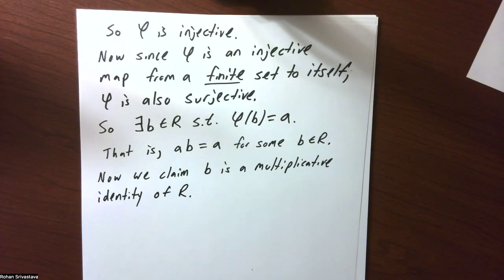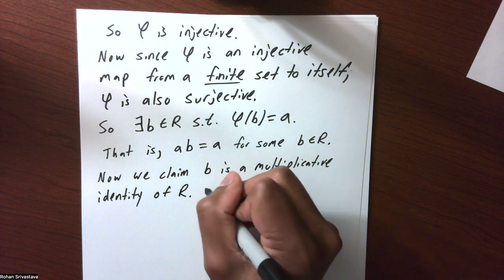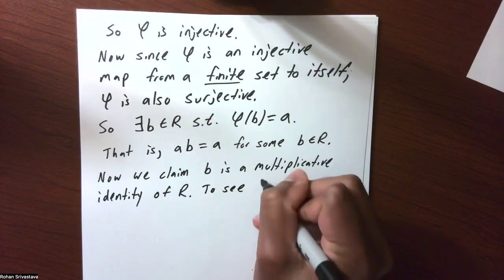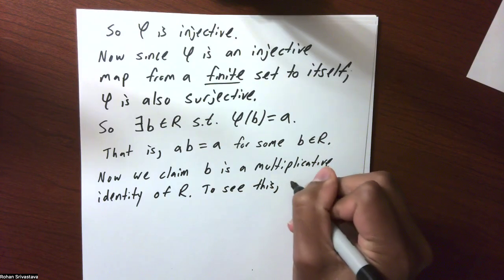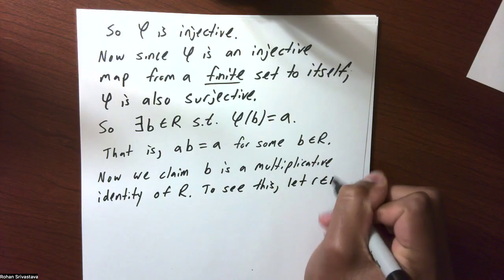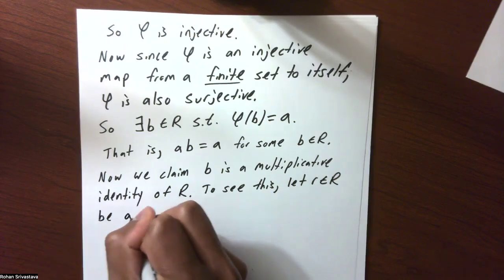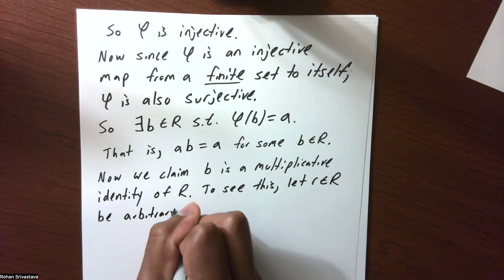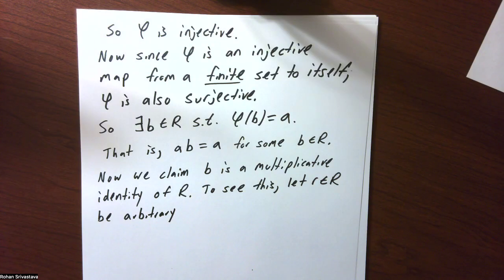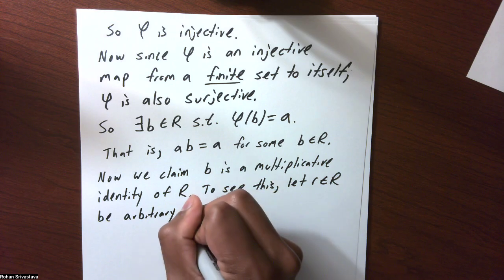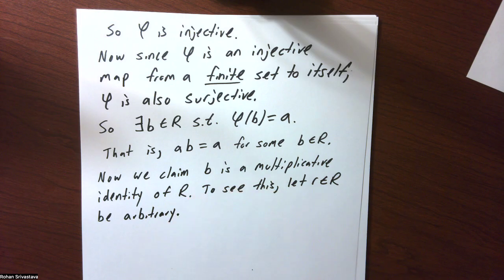Okay, now to see this, we have to take an arbitrary element. So to see this, let r in R be arbitrary. And we have to show that b times r gives you back r. But we're going to have to do that a little bit indirectly because we don't know what b times r is exactly. So we're going to do that via the map phi, which we know to be injective.